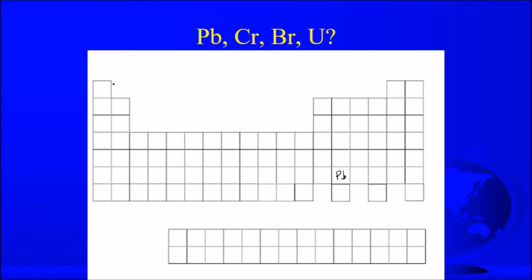All right, Freddie. So let's put numbers here: 1, 2, 3, 4, 5, 6, 7. Let's also put down S, P, D, and F. We're right here, so everything else needs to be filled in. By the way, helium should be there.